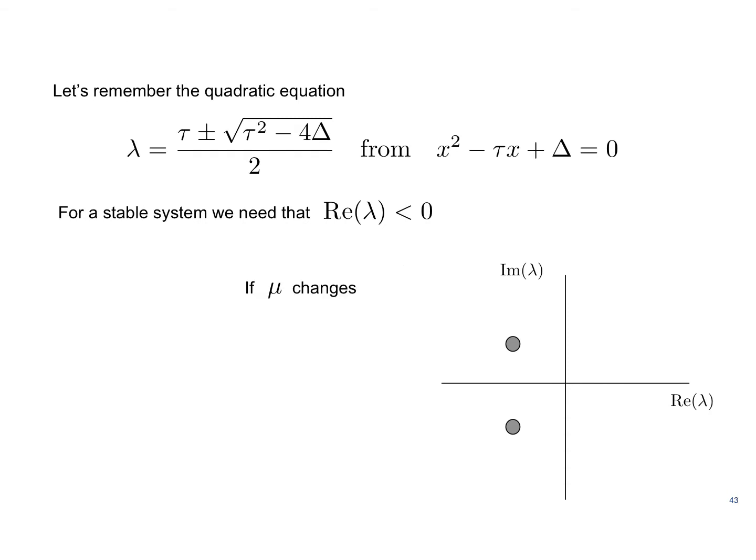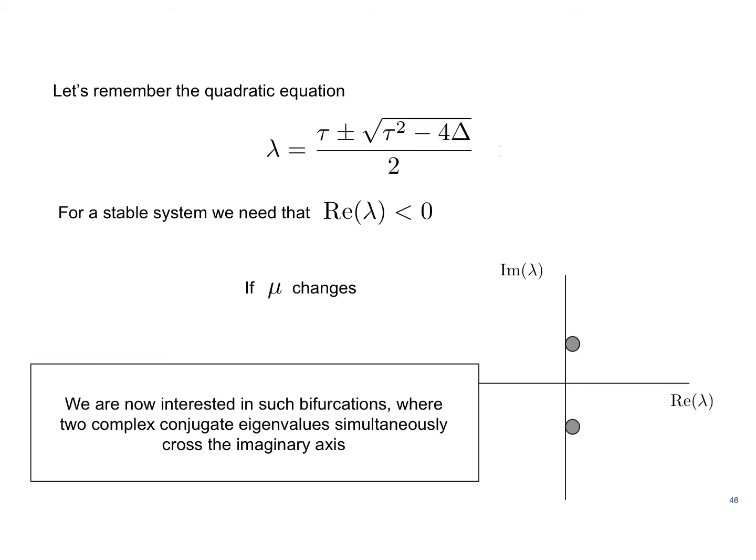Now let's assume we have a parameter, mu, that when it changes, the two eigenvalues will move, and they will cross this imaginary axis at the same time. And in that moment, we say that a Hopf bifurcation has occurred. Similar to the pitchfork bifurcation we have already seen, we can have supercritical and subcritical bifurcations.